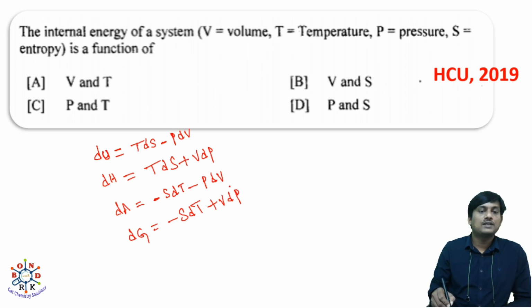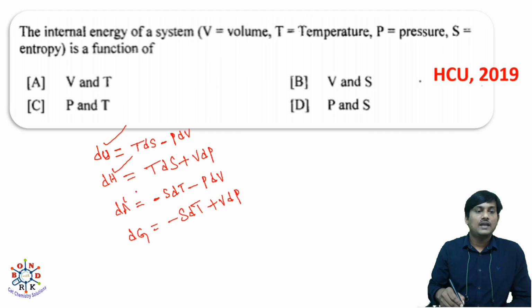So these are the 4 relations. This is the relation of internal energy, enthalpy, Helmholtz free energy and Gibbs free energy.